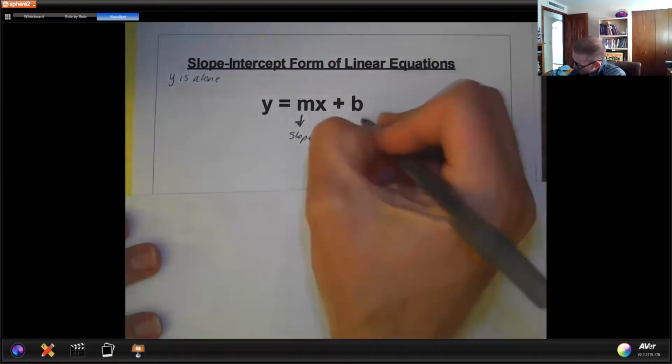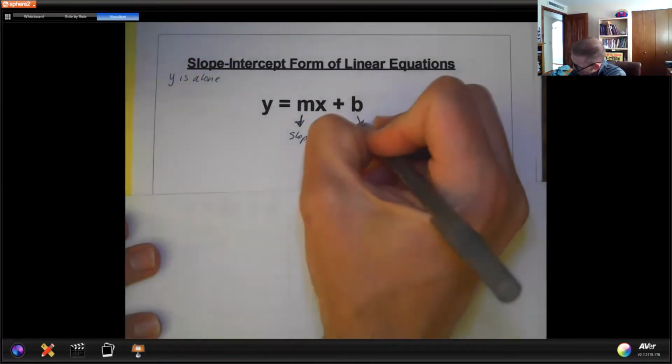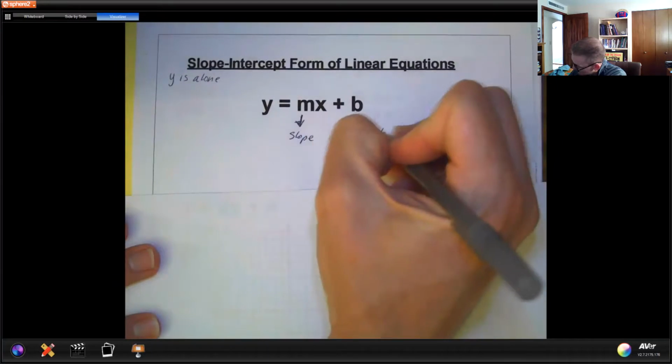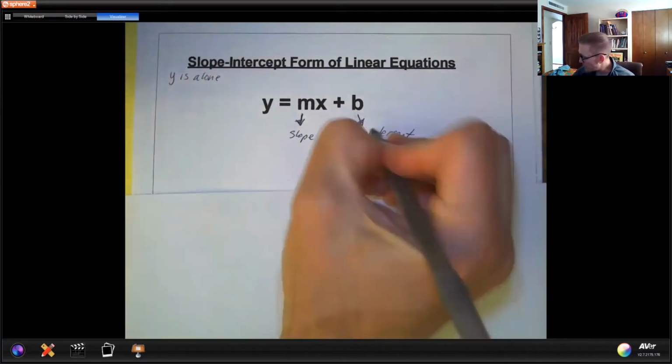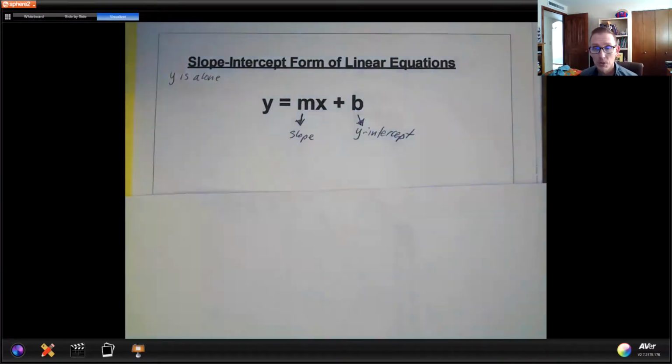The number all by its lonesome, the b, that's a y-intercept. And if you recall, a y-intercept is where a line crosses the y-axis. So if we have y alone, and we have an equation that is in y equals mx plus b form, those two clues are in your equation.